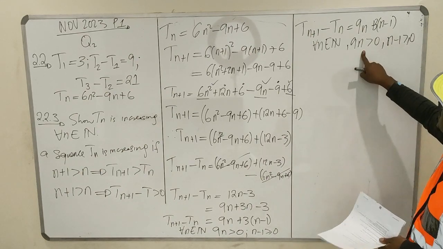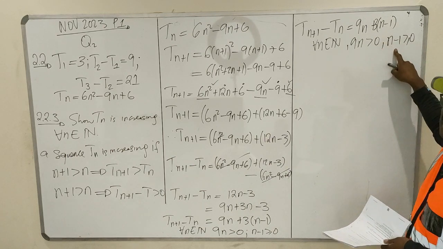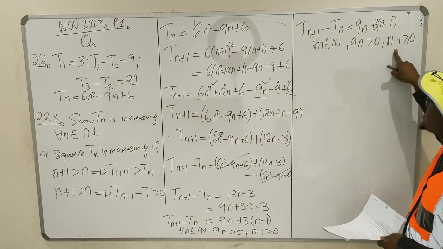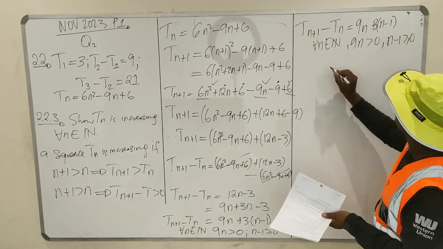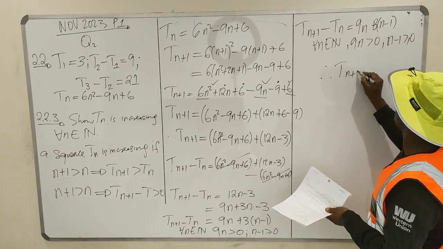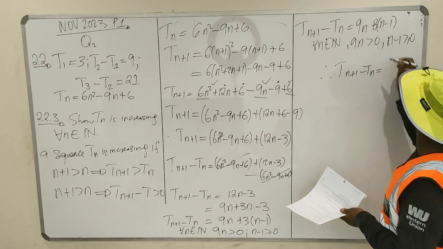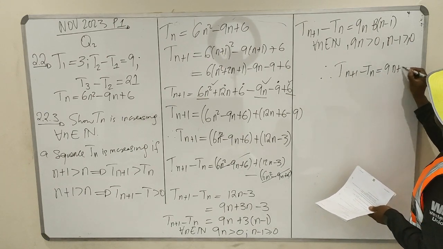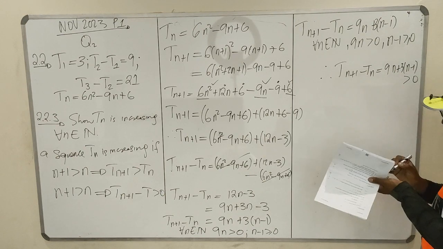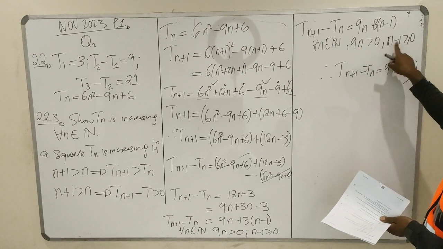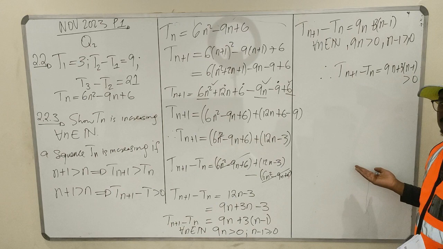So you are summing something that is strictly positive and something that is at least non-negative, which is greater or equal to 0. Therefore, Tn plus 1 minus Tn, which is equal to these two things, 9n plus 3 into n minus 1, is greater than 0. So this thing should be positive.